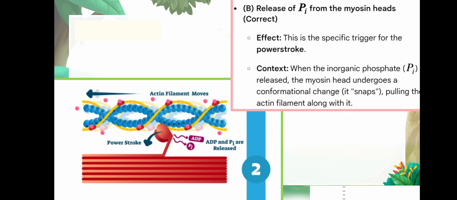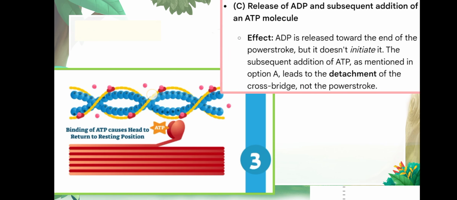So when there is release of ADP and Pi, the Pi is released first, and as the Pi is released, the power stroke is done, but the myosin molecule holds on to ADP, isn't it? It holds on to ADP and forms a bond between the actin and myosin molecule. It does not let go of itself. So as you can see here, option C is release of ADP and subsequent addition of ATP molecule.